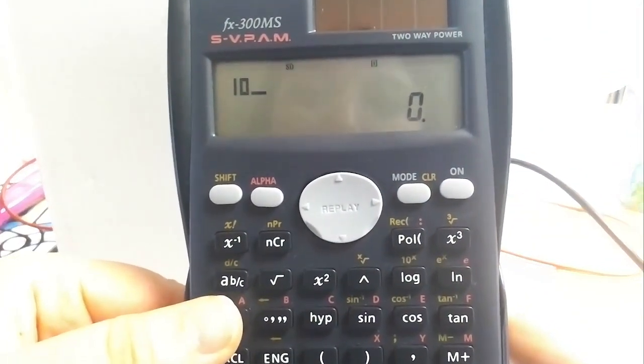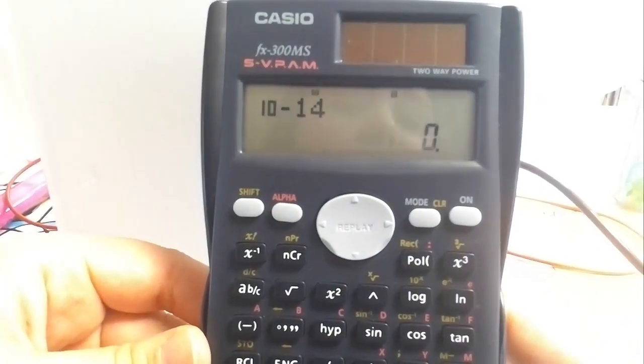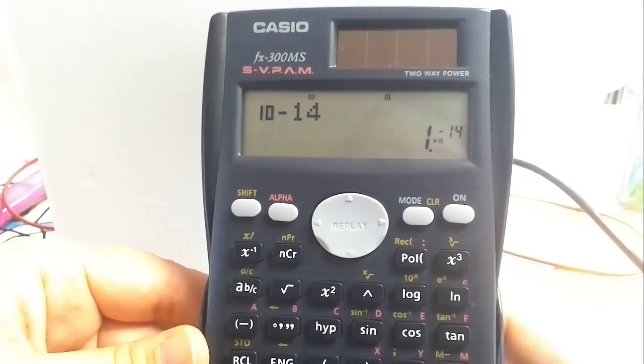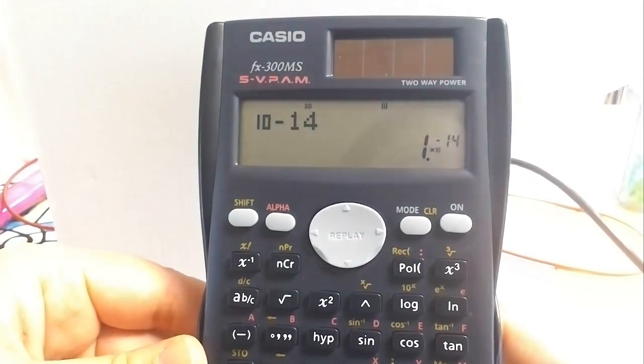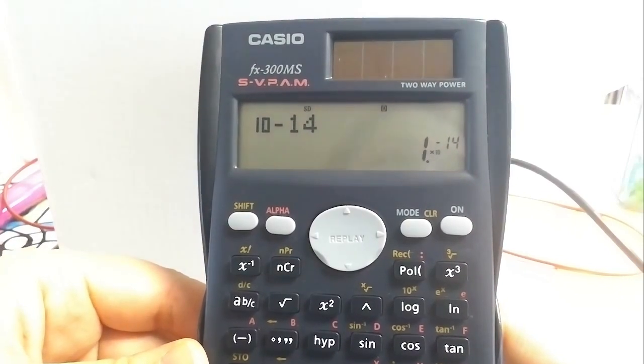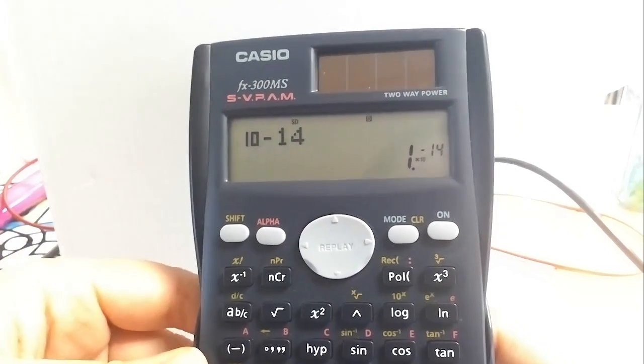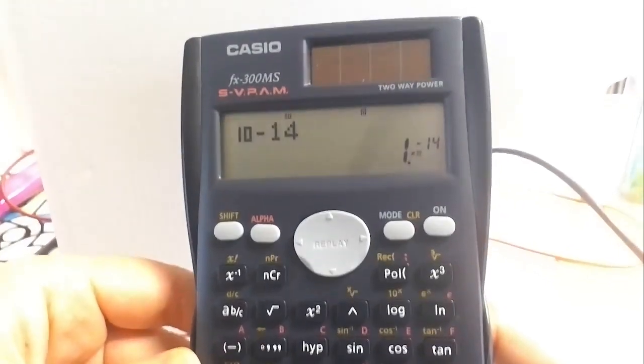And then my negative pH, if my pH is 14, I would type in negative 14. So 10 to the power of negative 14 equals 1 times 10 to the power of negative 14. Do you see that? If you plug this into your calculator, it basically just puts that pH value as your exponent.